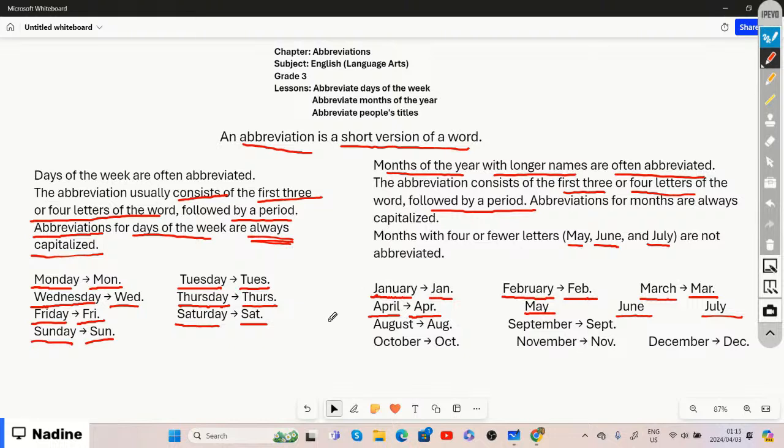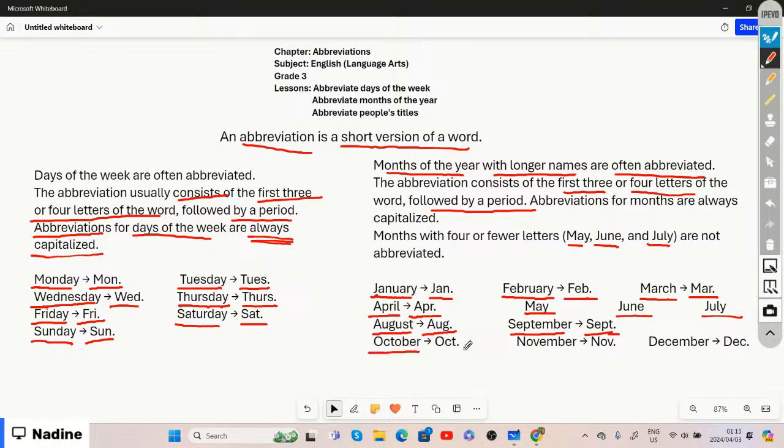And then we have August. We shorten August to Aug, A-U-G, followed by a period. We abbreviate September by saying it's Sept, capitalize S, followed by a period.